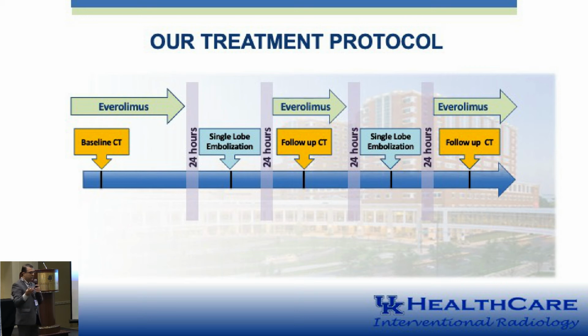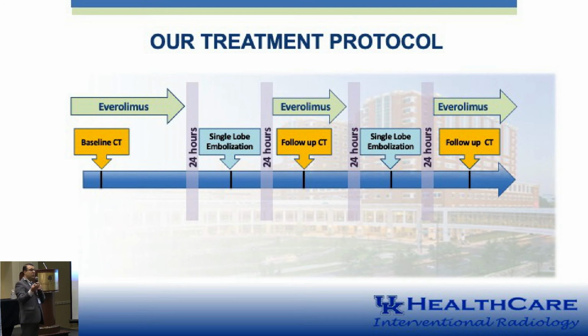The reason we do this is that although the liver has 2/3 from the portal vein, 1/3 from the hepatic artery, still we're not going to cut the blood supply to the liver completely. What we do is we try in our mind to cut the liver in 2 halves, the right and the left, and we'll do one part at a time.